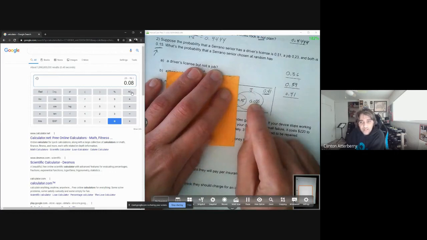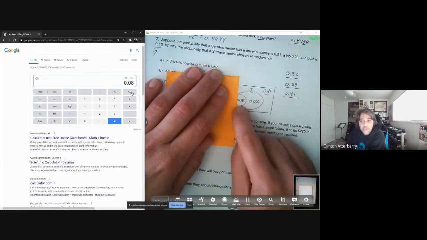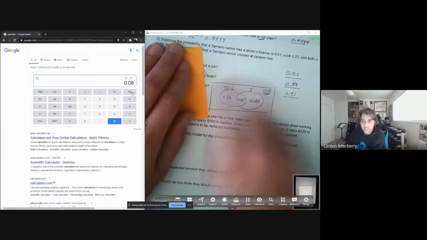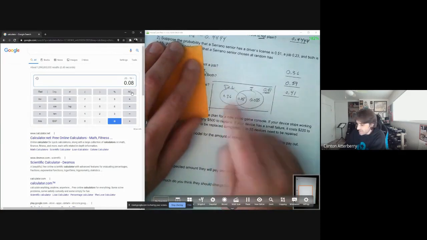So what that leaves us, because remember, all probabilities add to 1. If I select a random senior at Serrano, some might not have a license or a job, let alone both. So what we have to do is finish out the entire sample space.